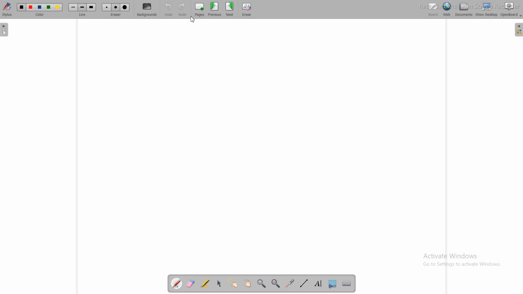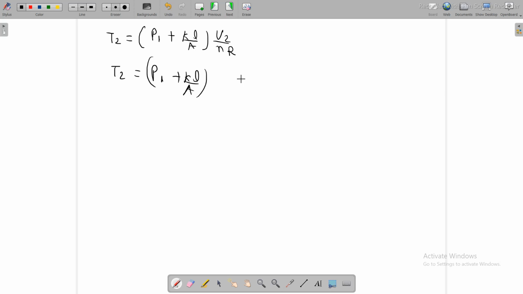Therefore T2 is equal to P1 plus KL by A, into V2 over nR. Now V2 will be equal to area into 3L by 2, over nR.